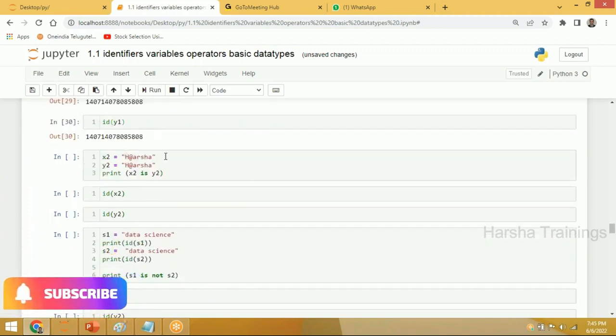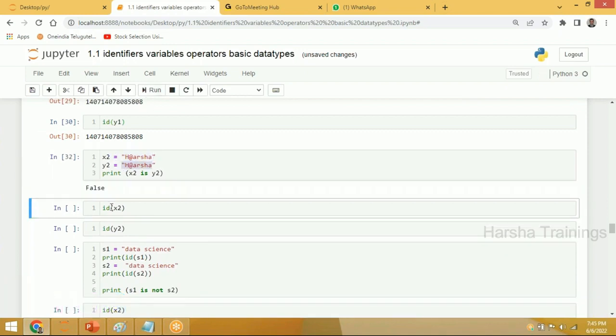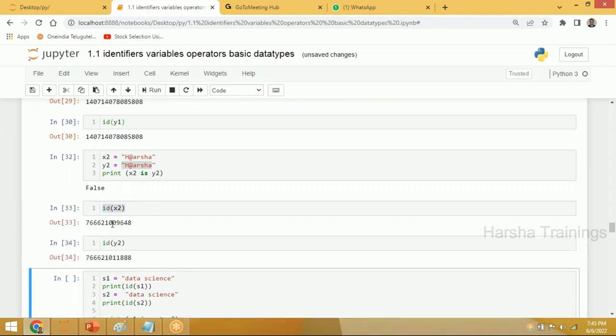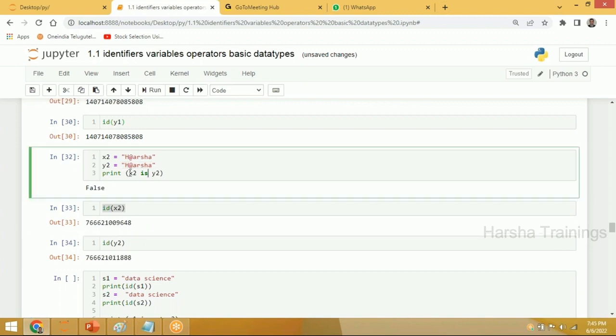Now let us do it with strings. Strings are immutable. Look here, x2 equal to Harsha, y2 equal to Harsha. Look at the id of x2 and the id of y2. Here the id of x2 is different from the id of y2. So if I call x2 is y2, it is false. Will you agree?